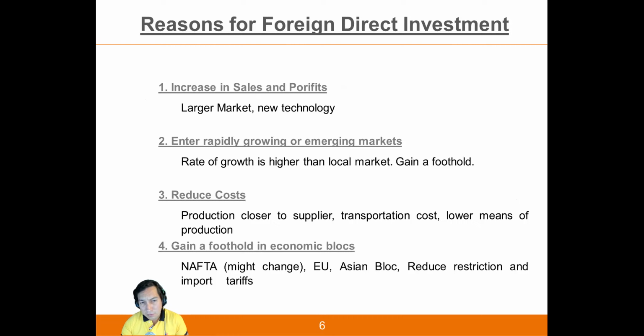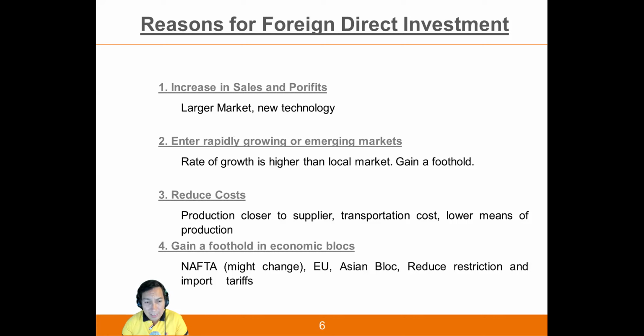Obviously, it's to increase sales and profits. You will have a larger market where you can sell more. You can have a new technology. You would also like to enter rapidly into a growing or emerging market. For example, the rate of growth could be higher than in your own country.